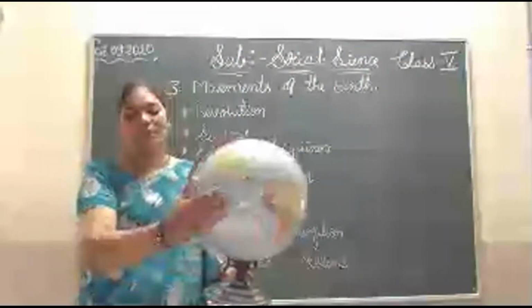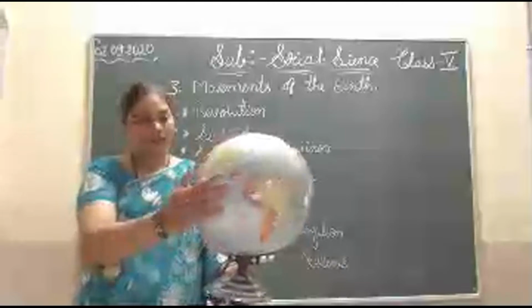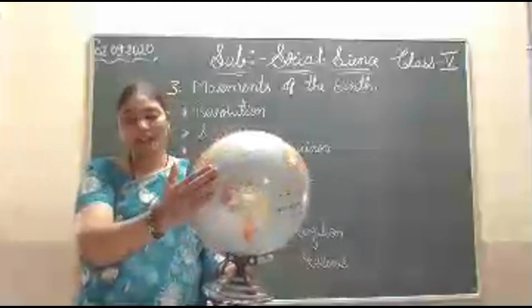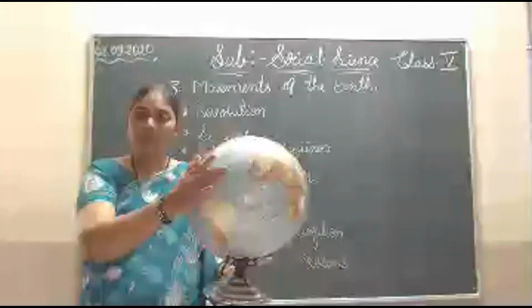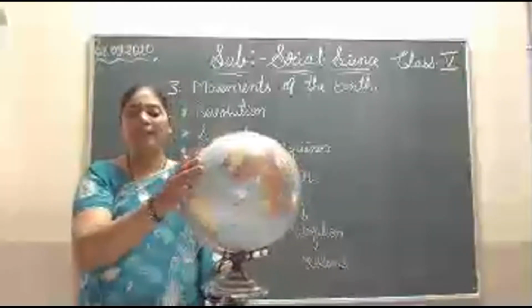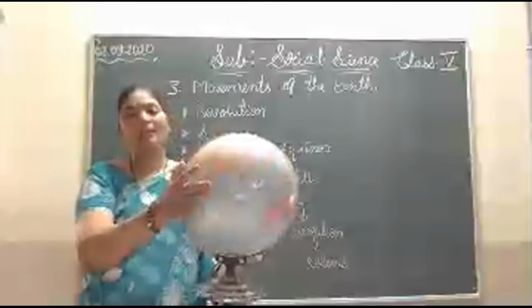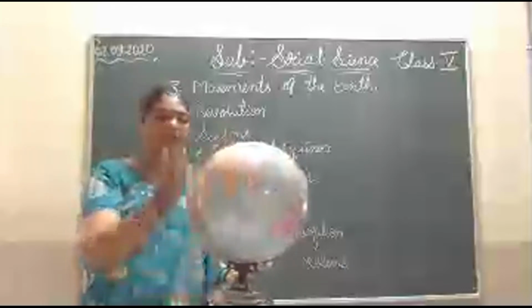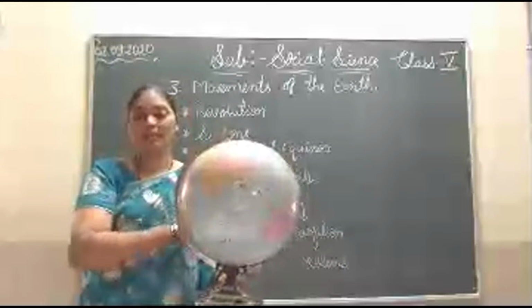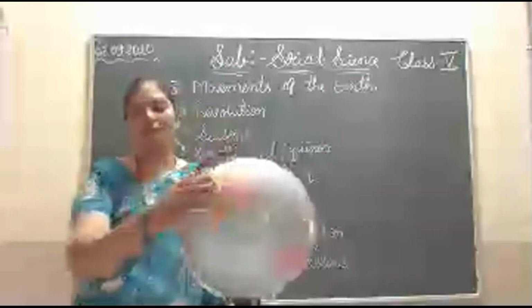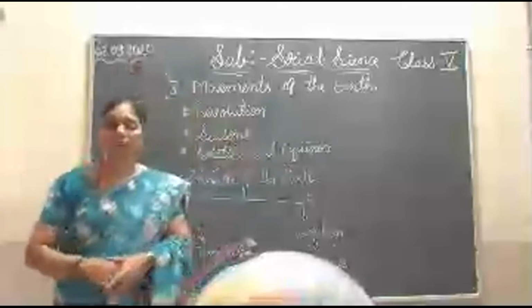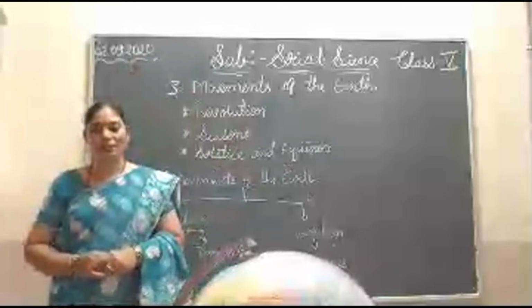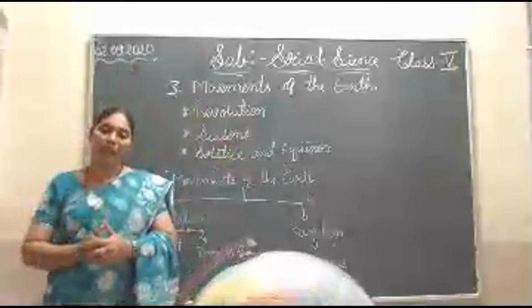When it slowly moves this way, this part slowly comes from morning to noon, then evening, then night. So day and night happen by the rotation of the Earth. I told you this in the previous class.